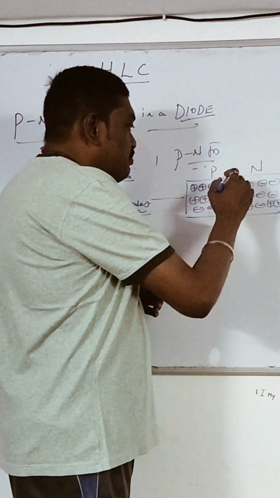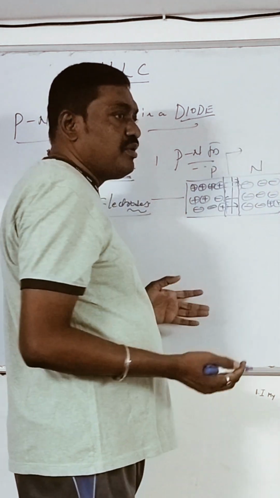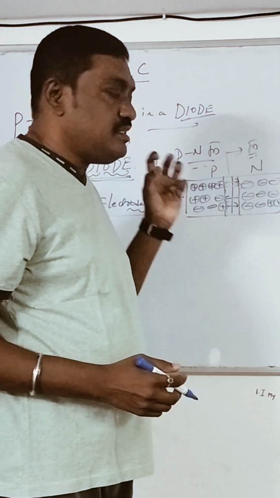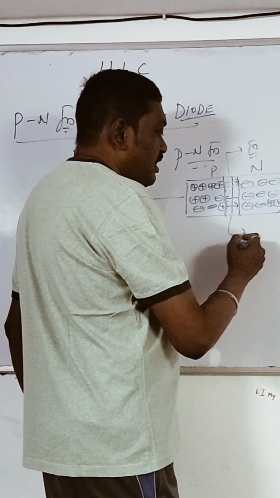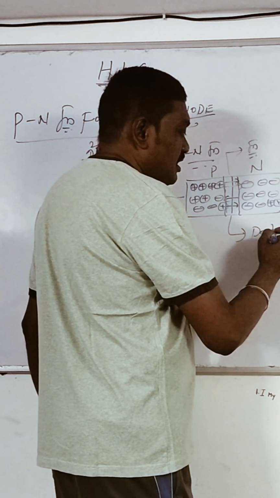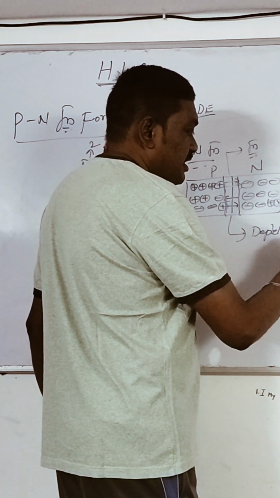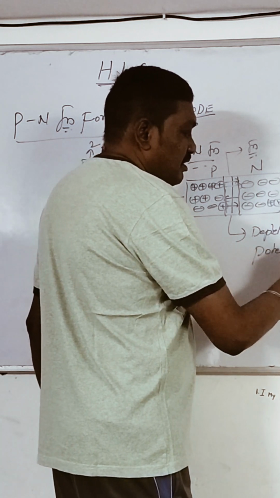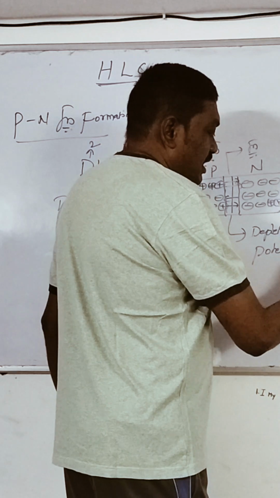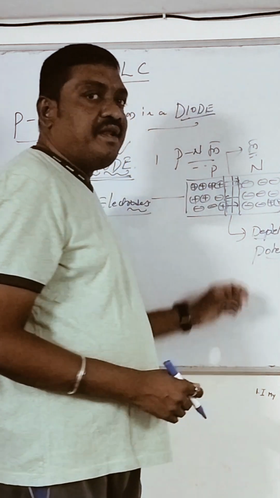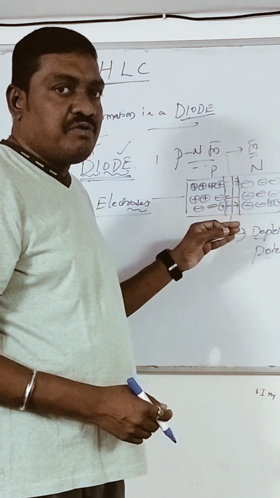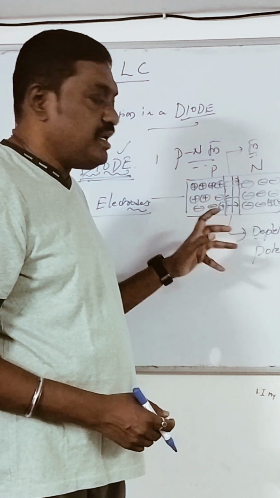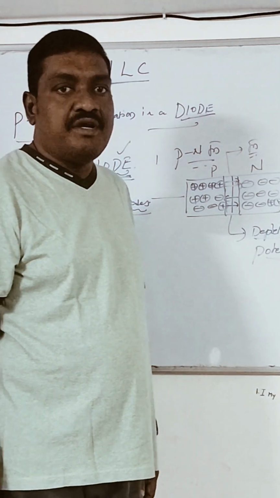This formation is what we call a PN junction, or it can be called a depletion layer, and it also can be called a potential barrier. Depletion layer means the area depleted by the collision of holes and electrons while moving from P to N and N to P at the center of the material.